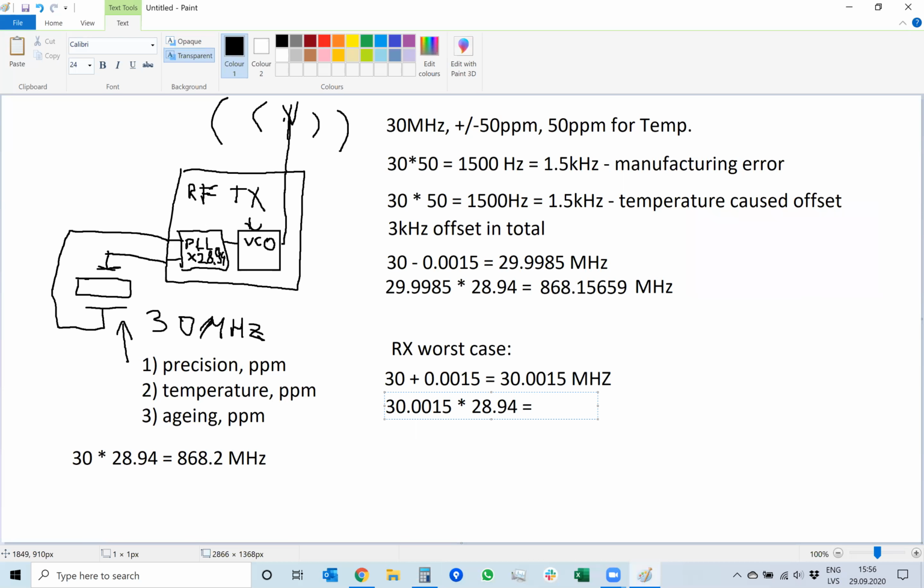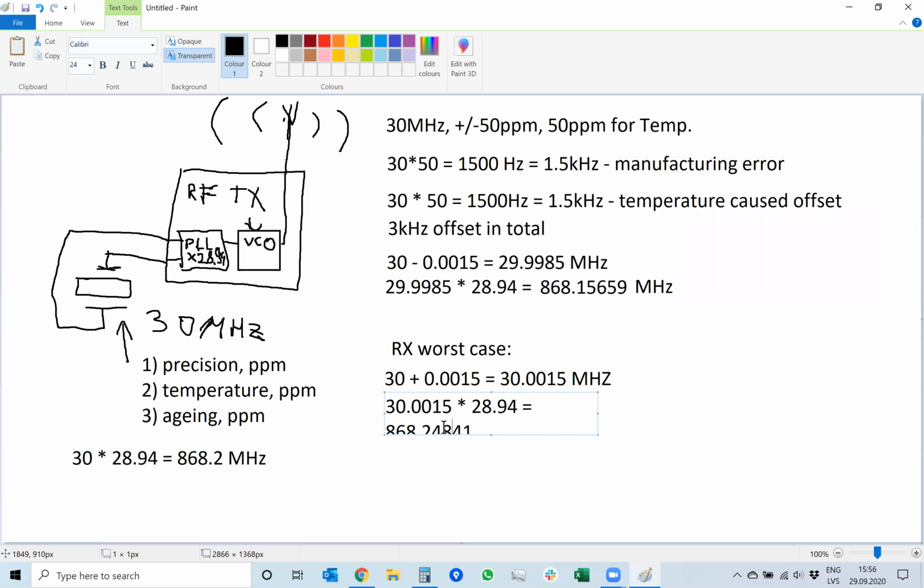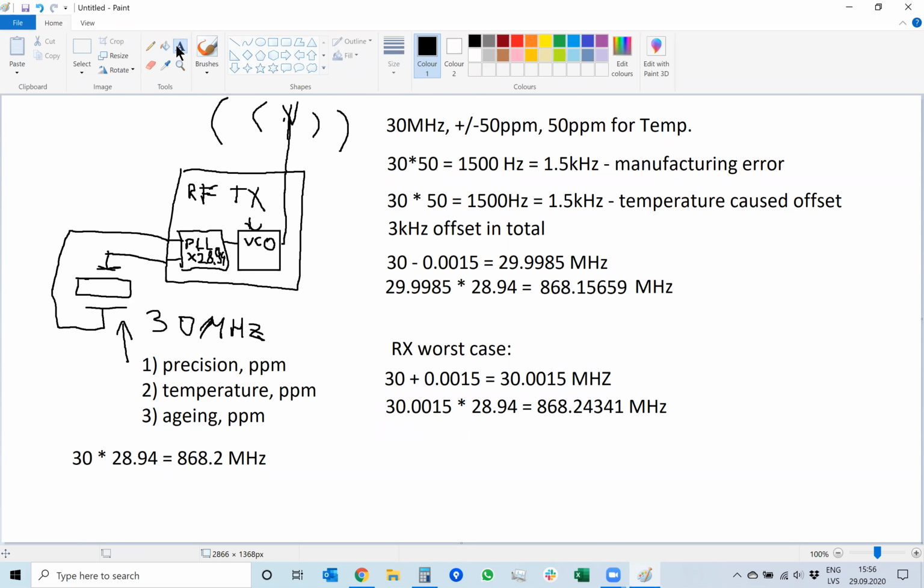868.24341. 24341. And as you can see, in the worst case, a transmitter is sending at 868.16 megahertz.